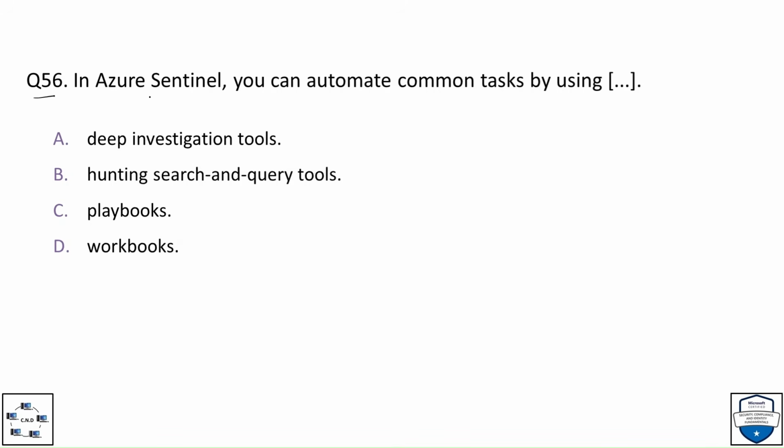Question number 56, in Azure Sentinel, you can automate common tasks by using blank space. Option A, deep investigation tools, option B, hunting, search and query tools, option C, playbooks, and option D, workbooks. And the correct option is option C, playbooks.